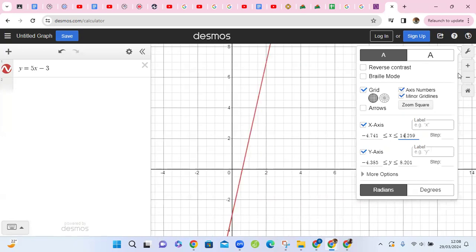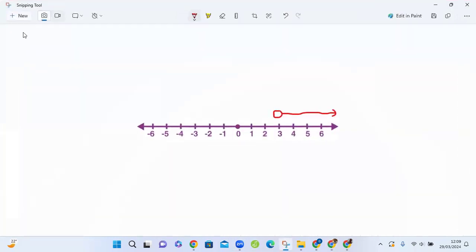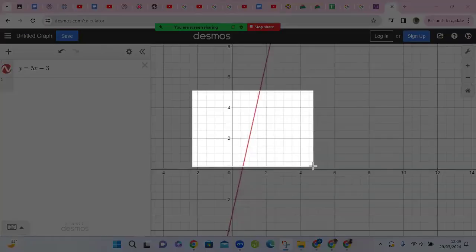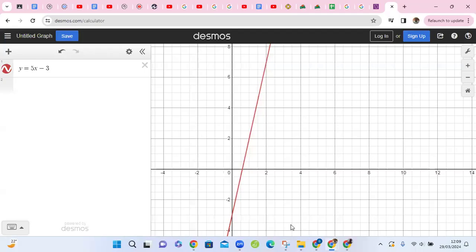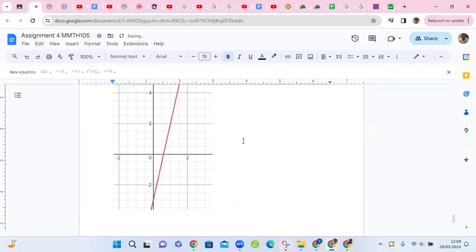You can experiment with it, and you can use your snipping tool and take a snapshot, or if you have a different method of taking a snapshot of your screen, and then you paste it in your book. And that's it. That suffices.